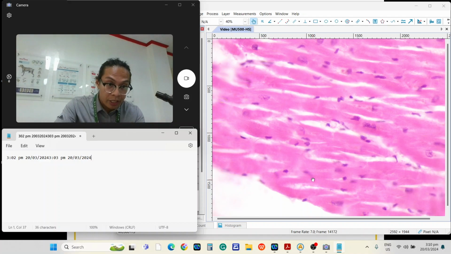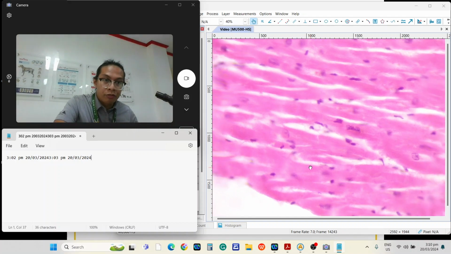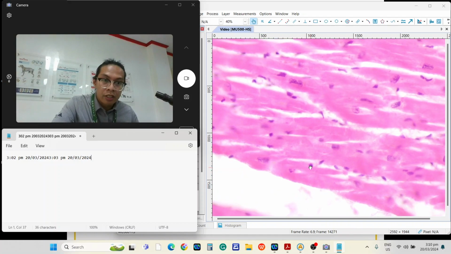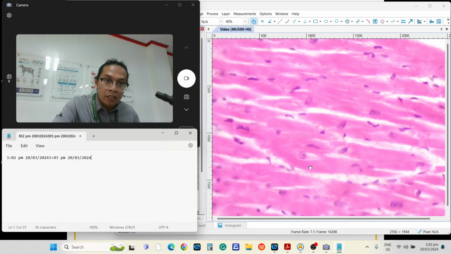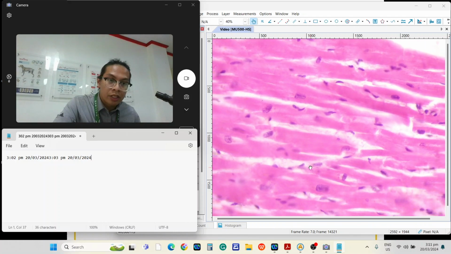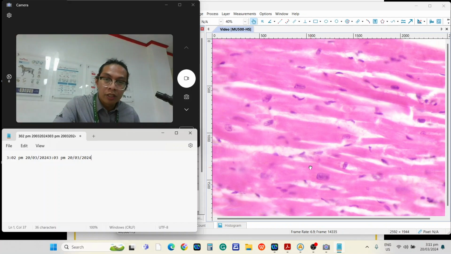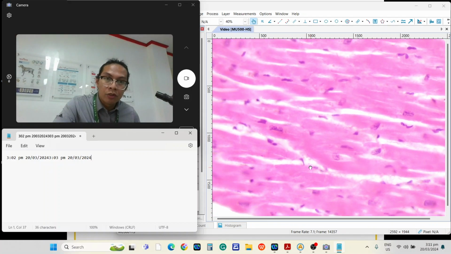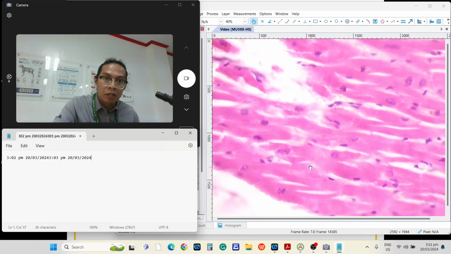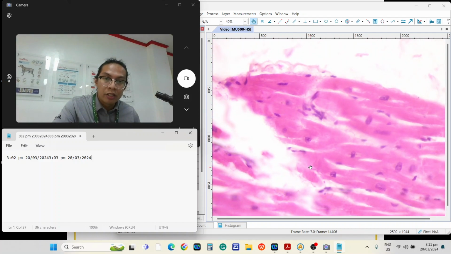This is another intercalated disc. Their nucleus is found in the middle of the cell. Maglagay tayo ng magandang cut ng muscle na may nucleus. Much nung ating nakikitang cells na nasa ibabaw ay mga red blood cells pa kasi.